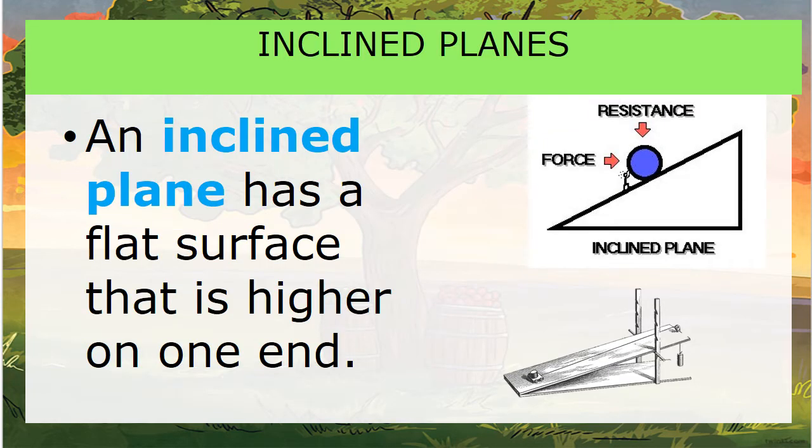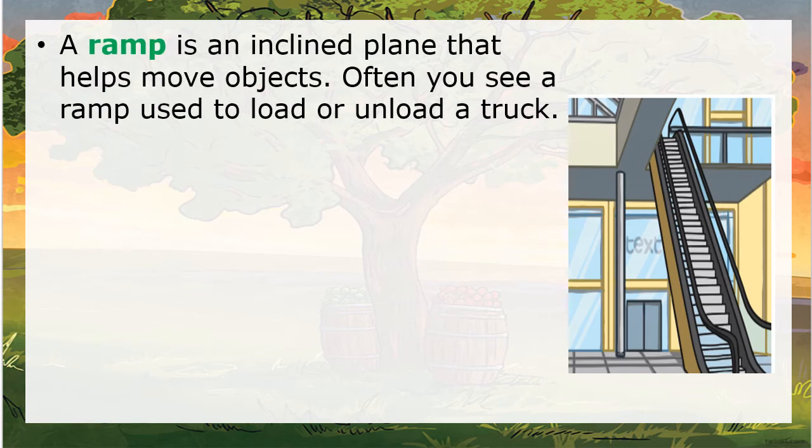Let's look at the inclined planes. An inclined plane has a flat surface that is higher on one end. A ramp is an inclined plane that helps move objects. Often you see a ramp used to load or unload trucks.